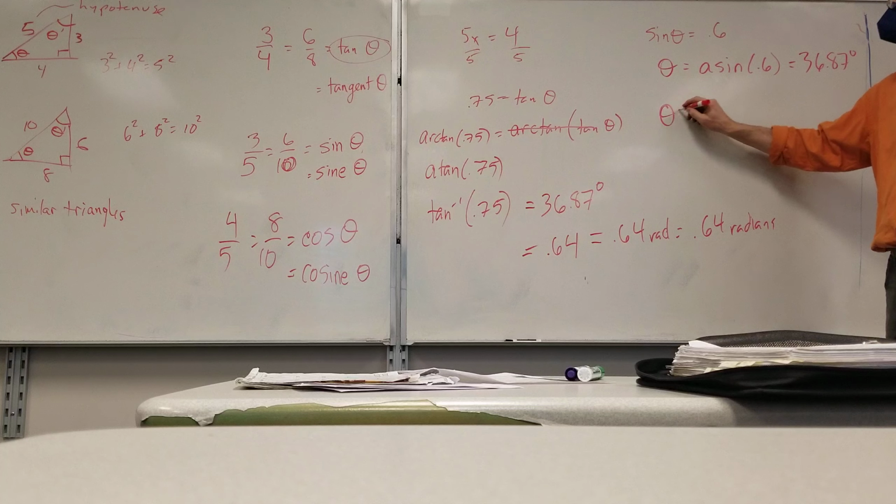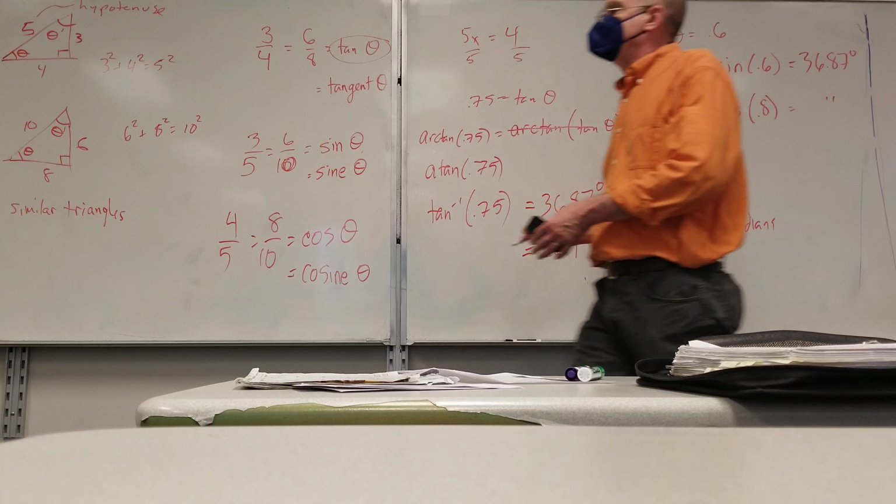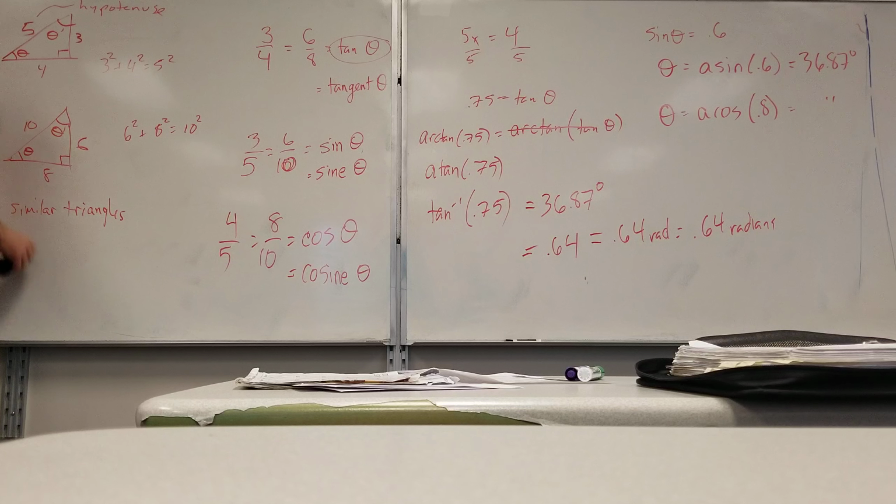Or theta would also be the arccosine of 0.8, which again, better be the same thing. Questions up to here? Let's get rid of some of the old stuff.